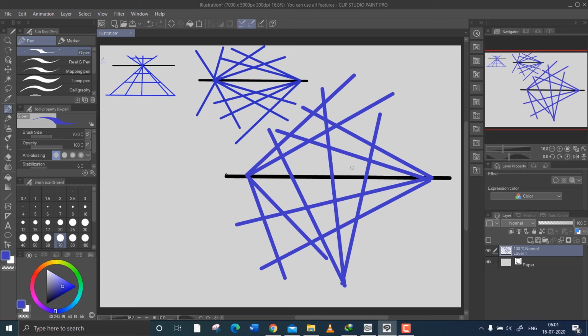Three-point perspective is a bit confusing one. So let me show you an example how an object in 3-point perspective would look like.